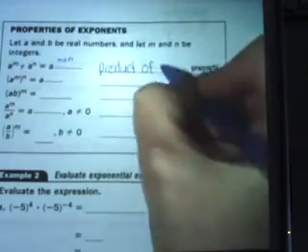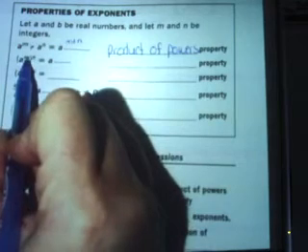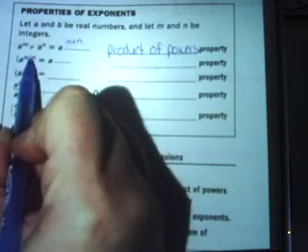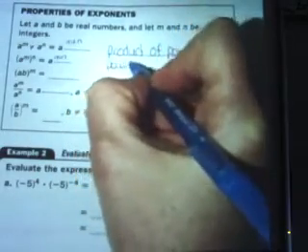That is our product of powers property. Our second property, I can see that I have a power of a power. When you have a power of a power, remember you multiply the exponents, so that's going to become a to the m times n. Power of a power.